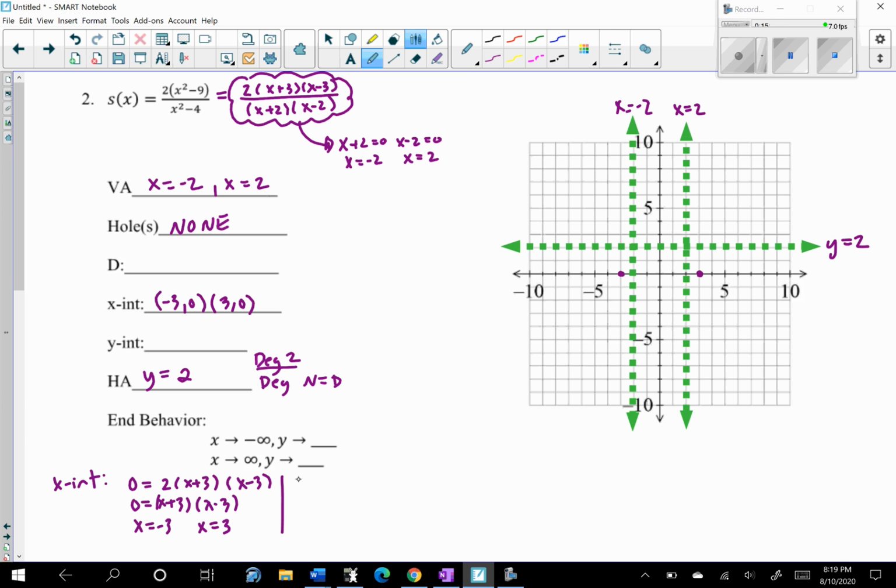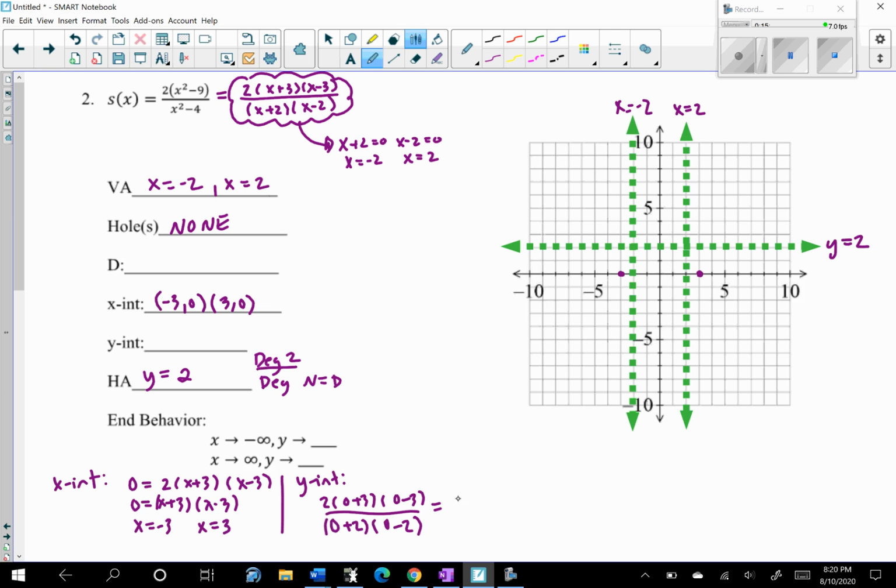The y-intercept, we plug 0 in for x and solve. So 2 times (0 plus 3) times (0 minus 3) over (0 plus 2) times (0 minus 2). And so when I do that, I get 2 times 3, which gives me 6.